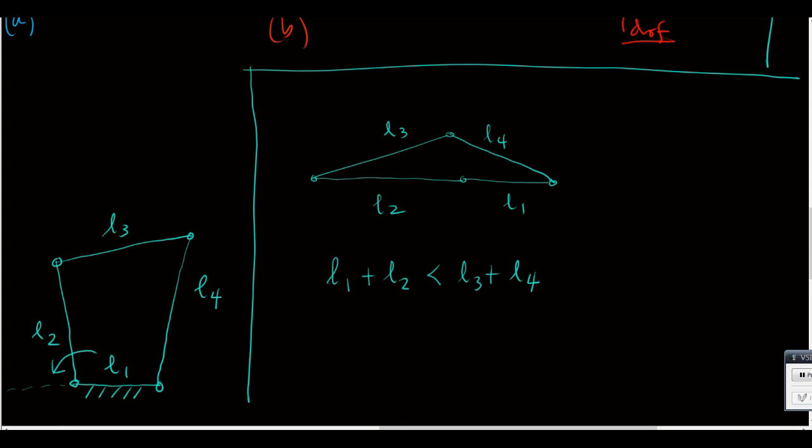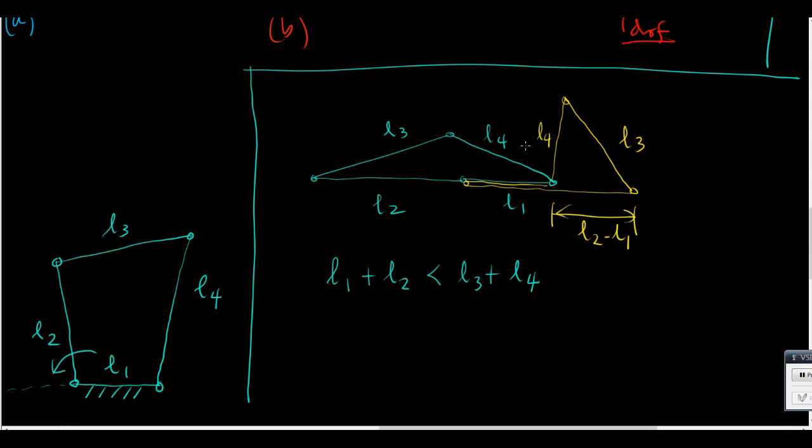So this other position that it has to reach is L1 like this, then L2 like this, and then maybe L4 like this, and L3 like this. Okay, how much is this distance? It is L2 minus L1.